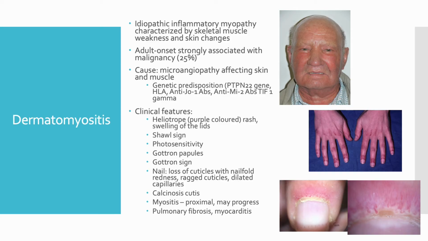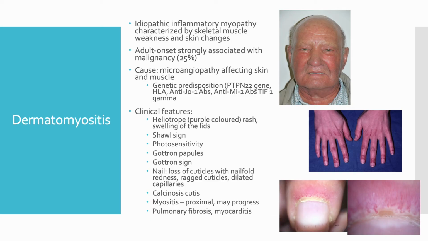The facial eruption is sometimes termed heliotrope or heliotropic, and that's because a heliotrope is a purple alpine plant, and the rash has this purple violaceous hue. We almost always see signs on the hands in cutaneous dermatomyositis: papules around the nail folds and over the knuckles.